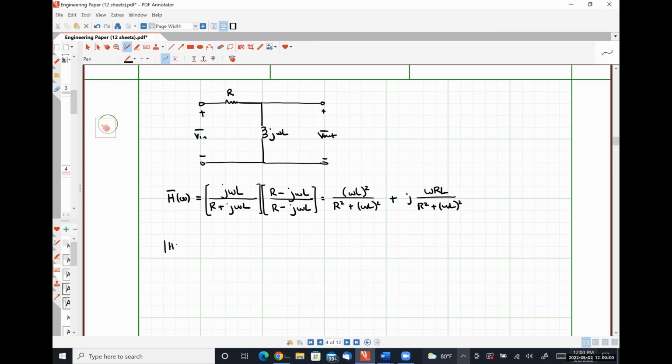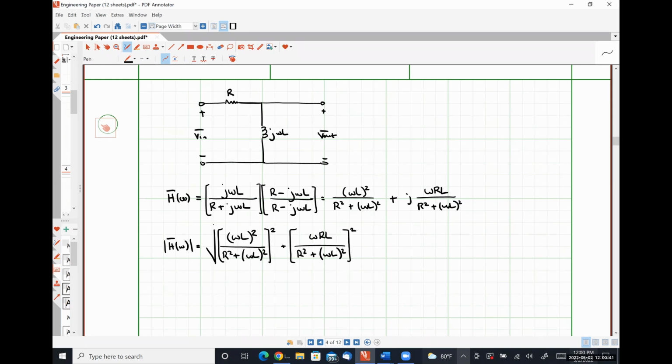amplitude response, H of omega. So we have our real part, omega L squared over R squared plus omega L squared. We'll square this whole thing. We have our imaginary part, omega RL over R squared plus omega L squared.